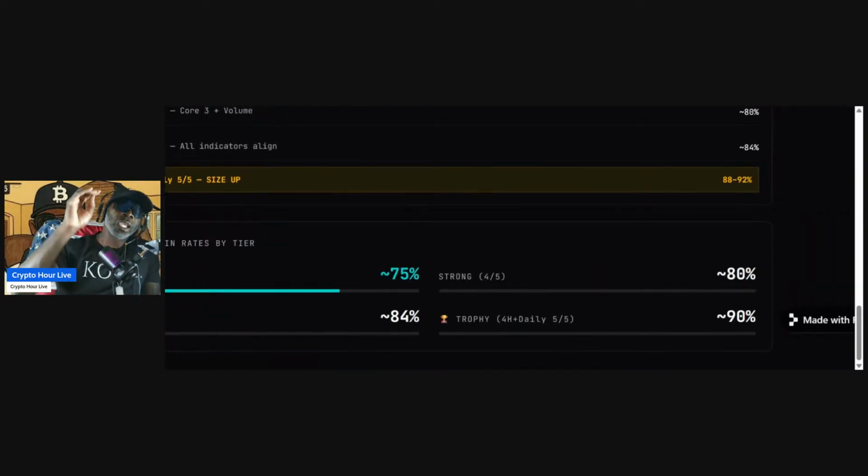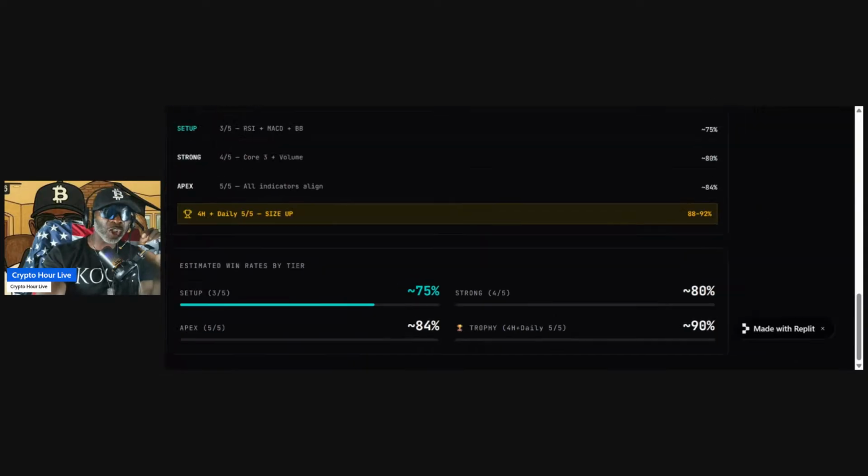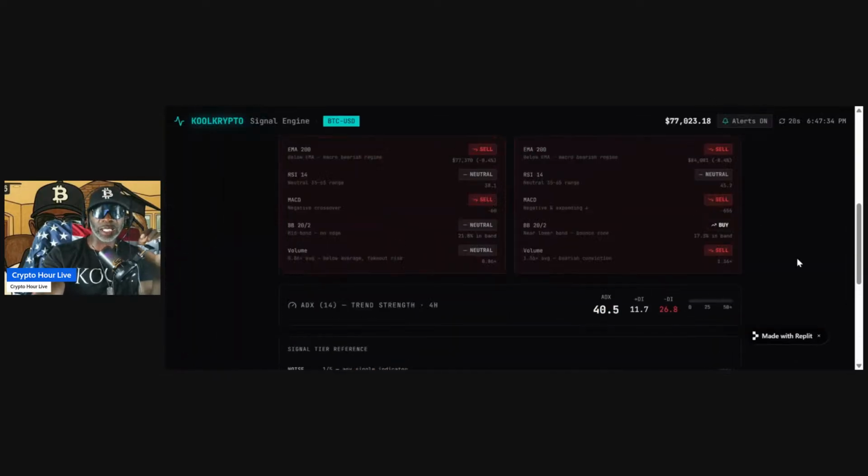If the 4-hour and the 1-hour time frame align together, plus 5 out of 5 indicators align, that's a 90% win rate. Actually, 88% to 92% win rate is what it is.